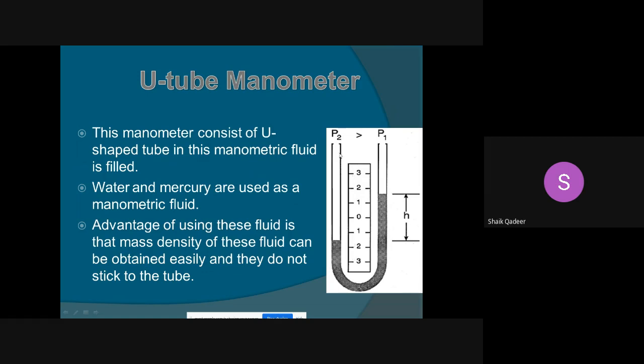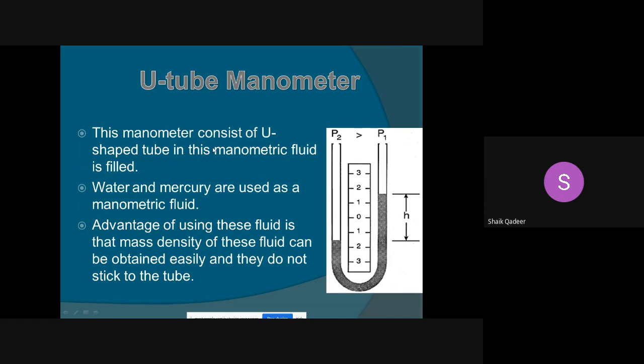One of the pressures is kept constant, usually atmospheric pressure, and the other side of the tube is exposed to the applied pressure. The moment the applied pressure is applied, the height increases or decreases based upon which force is dominating. If atmospheric pressure is dominating, then the height is like this. If the applied pressure is dominating, the height will be down.